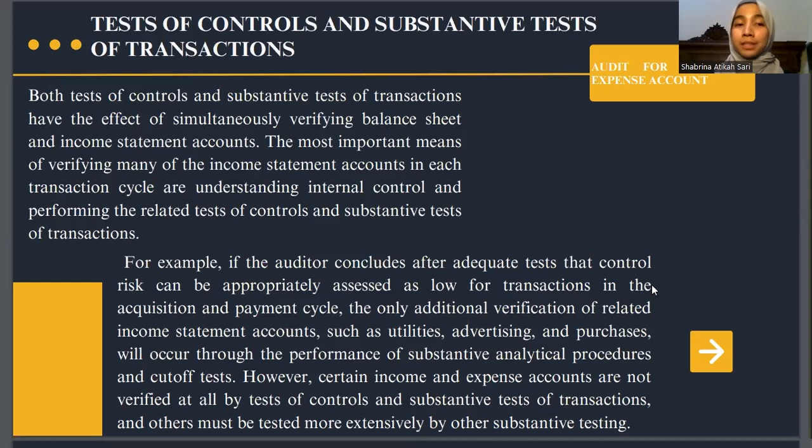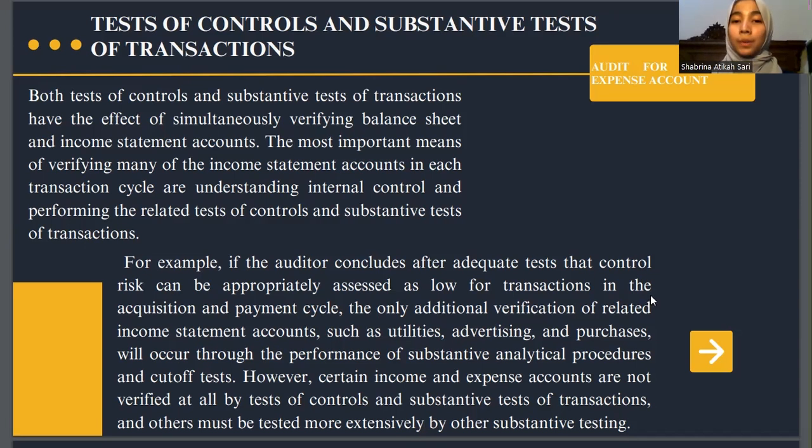Okay, the next material is about the test of control and substantive test of transactions. Both the tests of controls and substantive tests of transactions have the effect of simultaneously verifying balance sheet and income statement accounts. For example, assume the auditor concludes the internal controls are adequate to provide reasonable assurance that transactions in the acquisition journal occurred and are accurately recorded, correctly classified, and recorded in a timely manner.